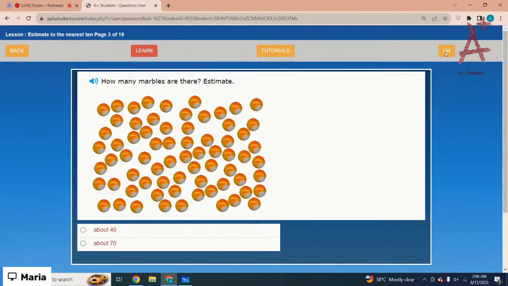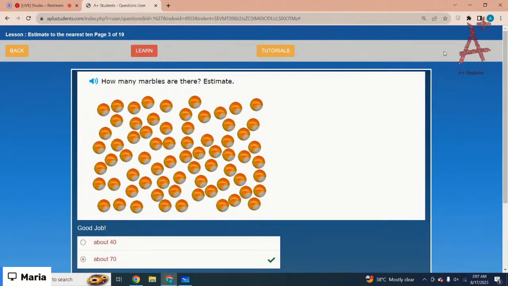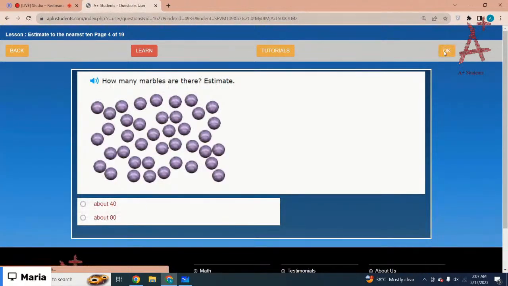You can see 40 is a smaller number, right? They are much more than 40. So that means they are around 70. You can see there are more groups of 10 marbles. So they are about 70, right? 70 is not the exact figure, but they are around 70.